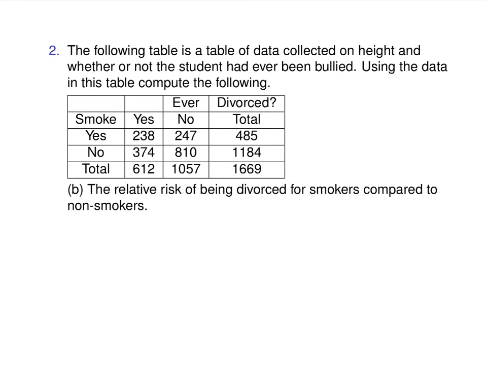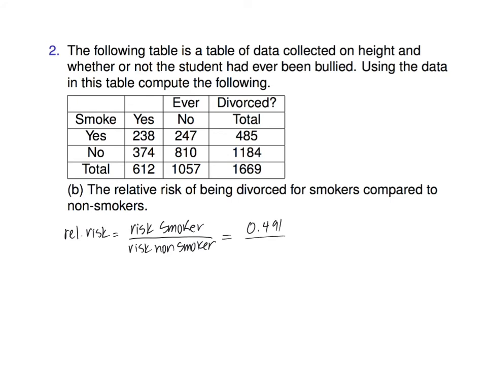So the relative risk of being divorced for smokers compared to non. So the relative risk is equal to the risk for category 1, which was smokers, over the risk for non. Well, that's 0.491 over 0.316, or 1.554.